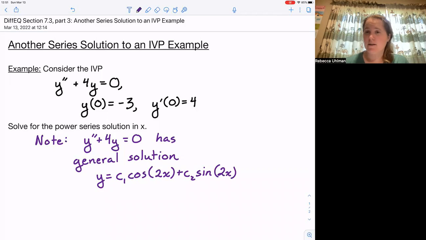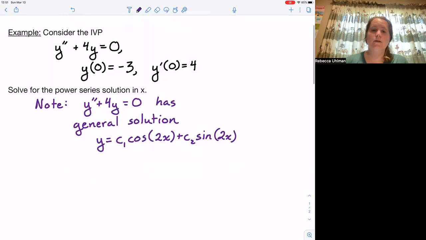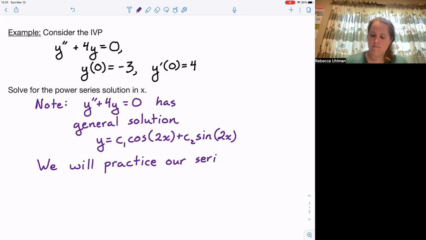But again, we will practice our series solution techniques and see if we get the same answer.